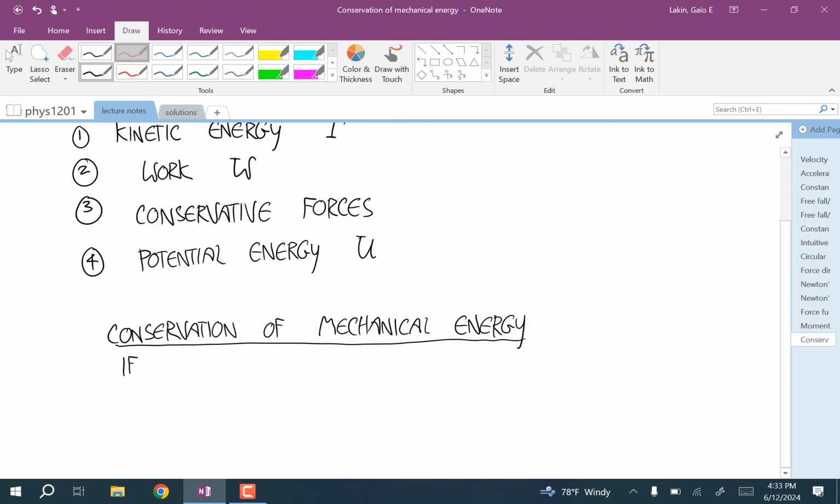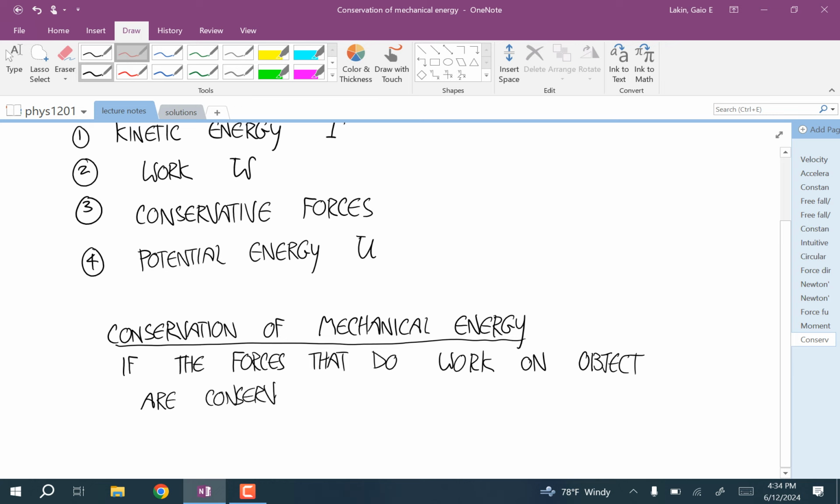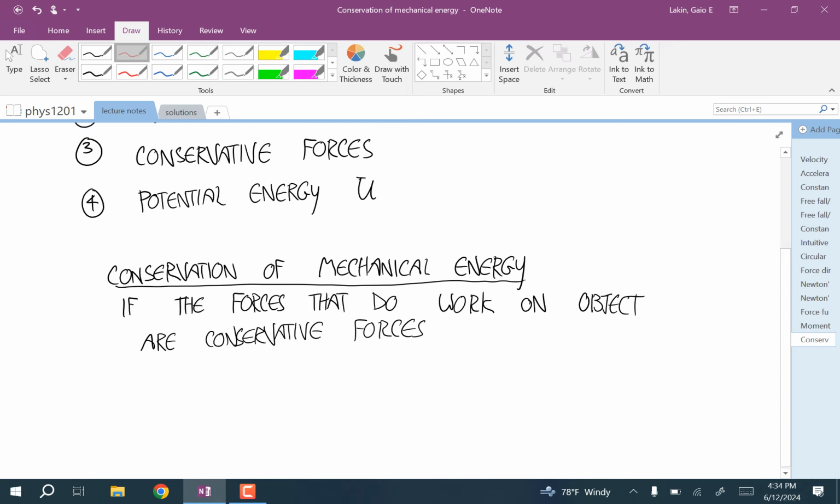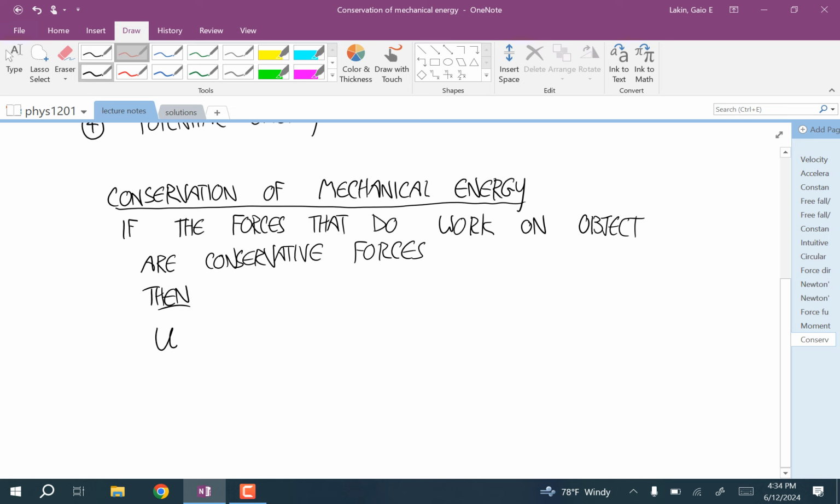If the only forces that do work on an object are conservative forces, then we can use this equation that says the total potential energy plus the total kinetic energy at some instant is equal to the kinetic plus the potential energy at any other instant.